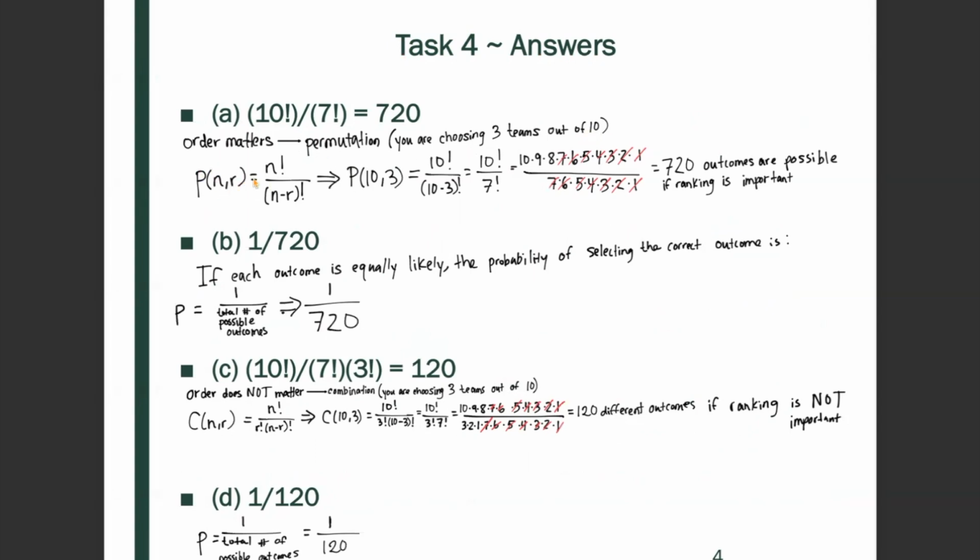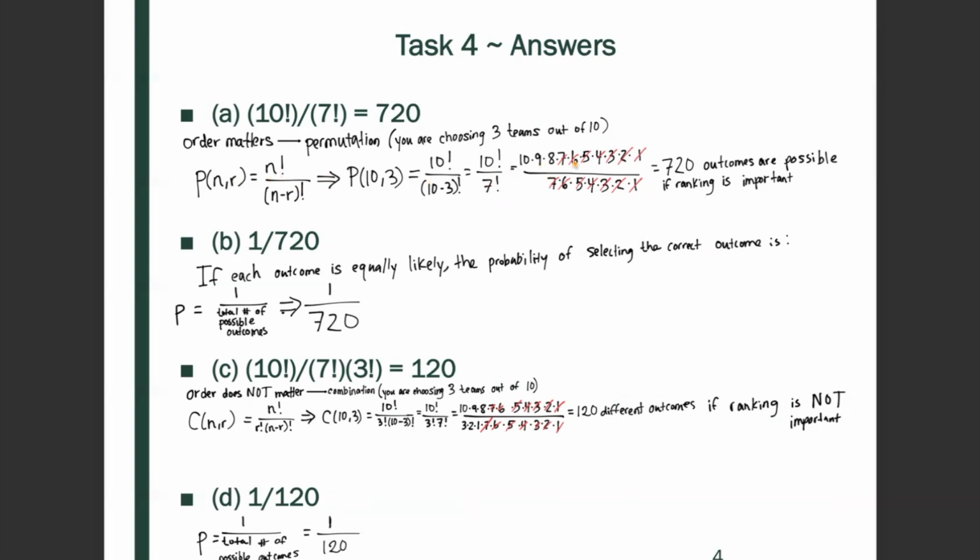So our permutation formula is n factorial divided by n minus r factorial, where n is the total number of teams. So in this case, it would be 10. And then r is the number of teams that we're choosing, so that would be 3. So we would have 10 factorial divided by 10 minus 3 factorial, which simplifies to 10 factorial divided by 7 factorial.